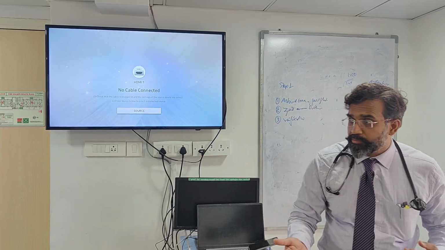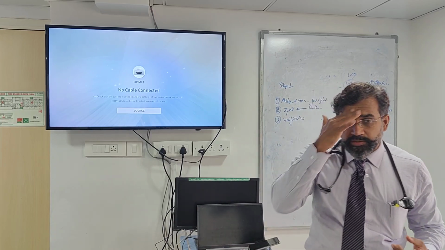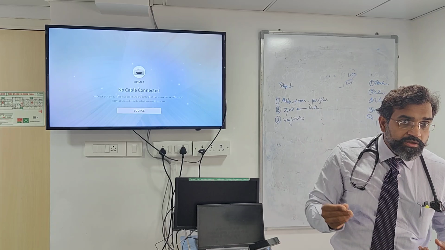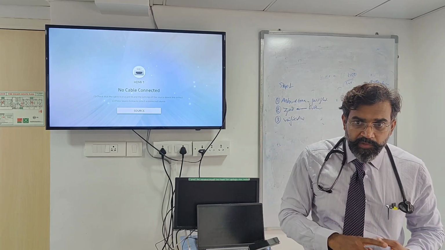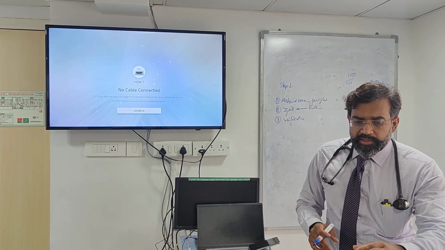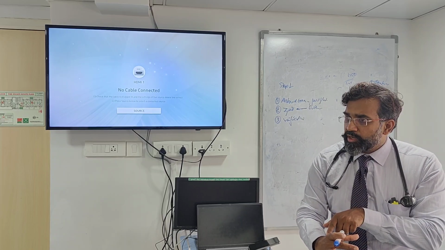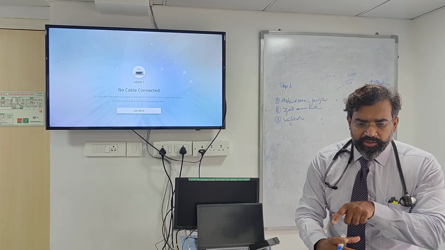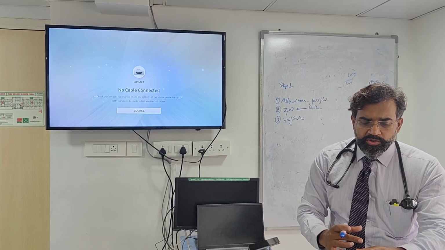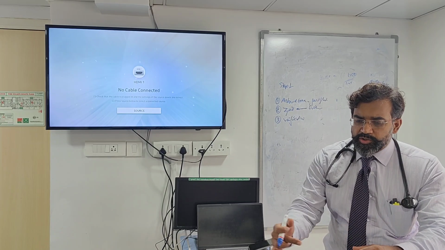Too many three-ways in the middle will delay the injection process. It is not that your injectate housing is here and you have a three-way here and you are injecting from here. It cannot work that way. It has to be right here.